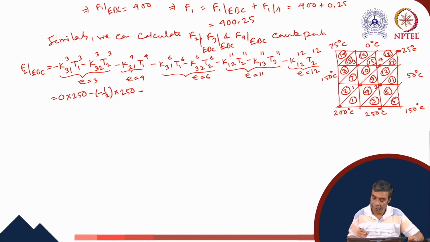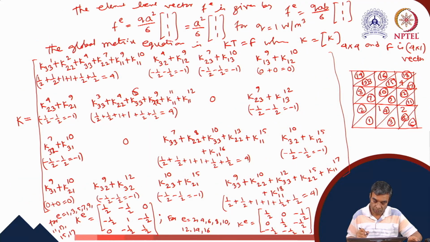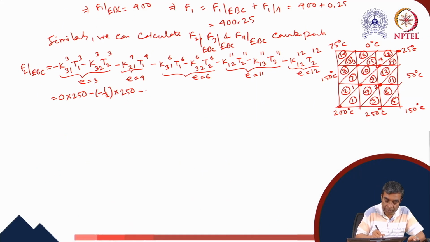Minus K214. K214 is 0, so this gives minus 0 into T14, which is 250.